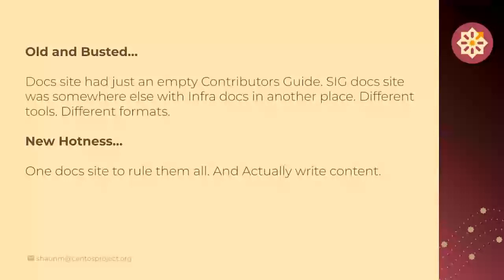We had them at sigs.centos.org, and a lot of our SIGs, not all of them, but a lot of them, had documentation on it, and they were pretty active in keeping their stuff up to date. So our SIG docs were pretty decent, but they were in another place from our docs. And then our infra docs were in another place. So it was a little bit confusing to try to find all of our documentation.